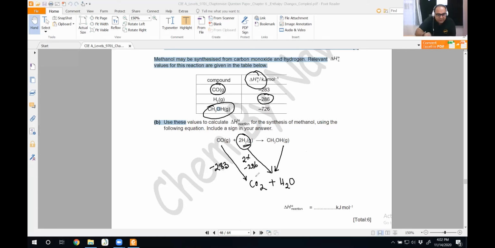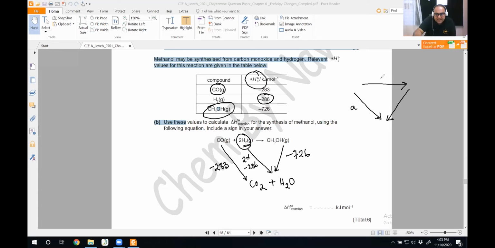My diagram has shifted a bit to the right, it should be at the center, but anyway. How many moles of methanol do we have? 1. What will be the value? Minus 726. So how would our diagram look? This, this, and this.